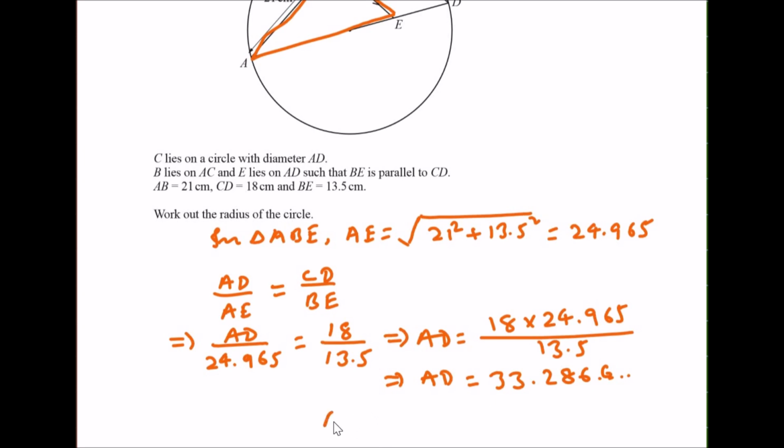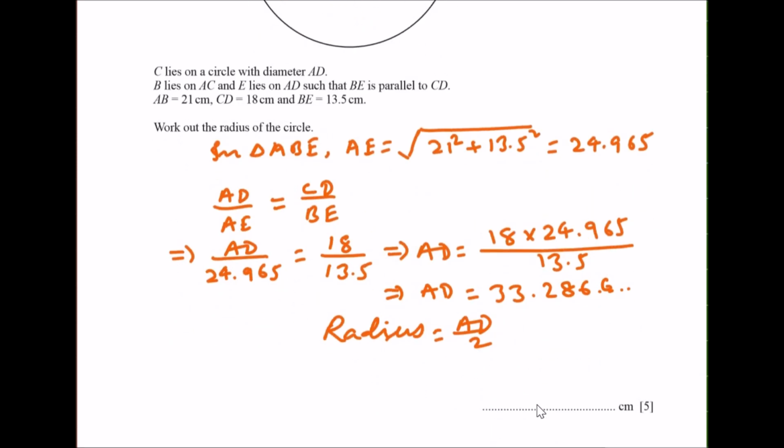So radius equal to AD divided by 2. So we'll do 33.2866.